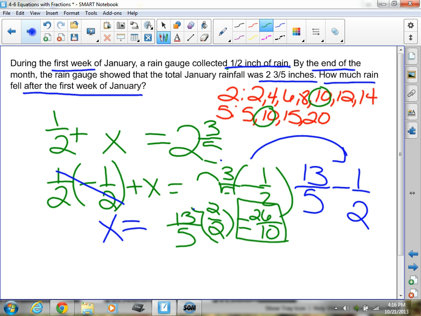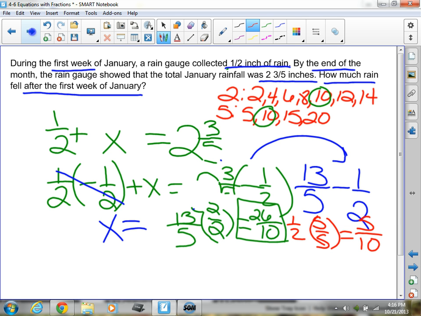Now, 1/2. I need to change that so it has a denominator of 10. 2 times what number equals 10? Well, 2 times 5 is 10, so I need to do the same thing to the top. 1 times 5 is 5.